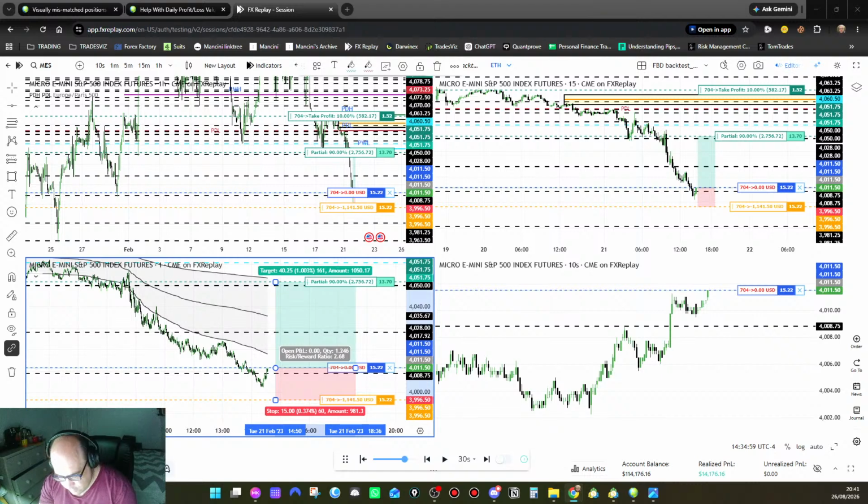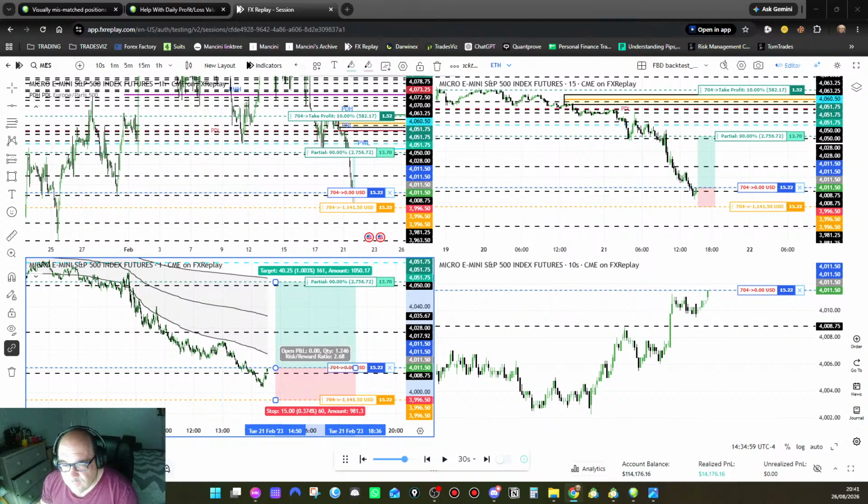Aiming for TP1, the DVA high and resistance high. Runner at the second swing high.